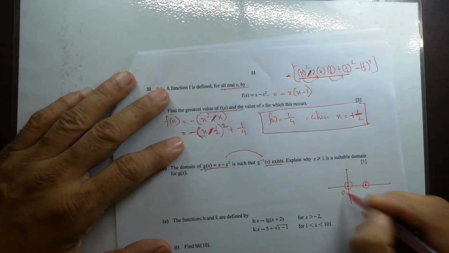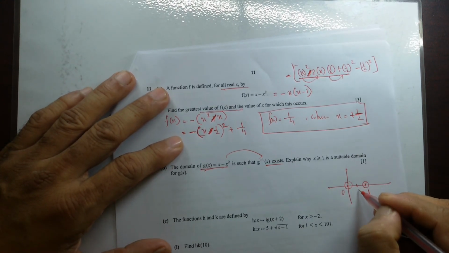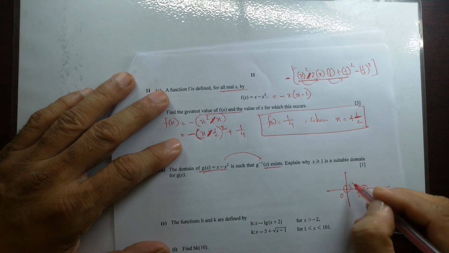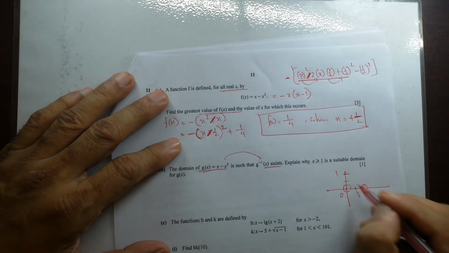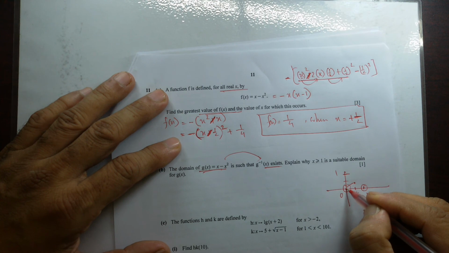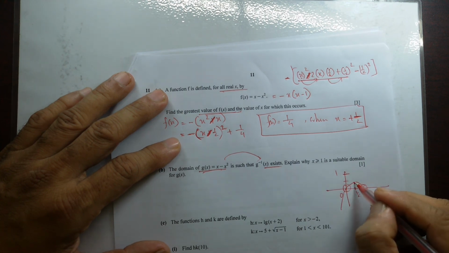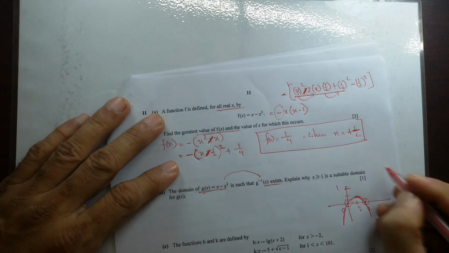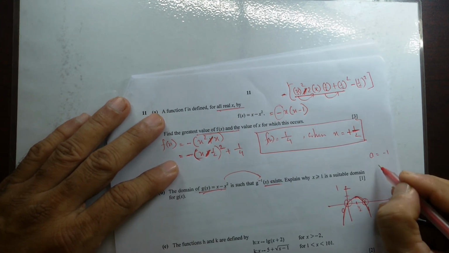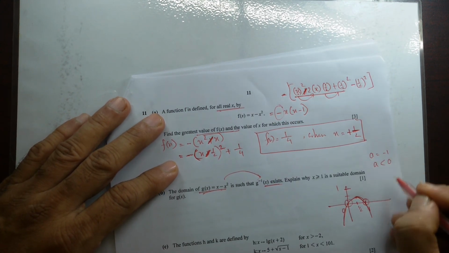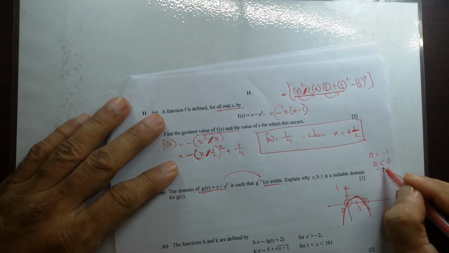So this is 0 and 1, and this is going to be half. And when it's half, let's put this one 1, so 1/4 is over here. The graph is going to be like this. The value of a over here is -1. When a is less than 0, the curve looks like this with a maximum value.